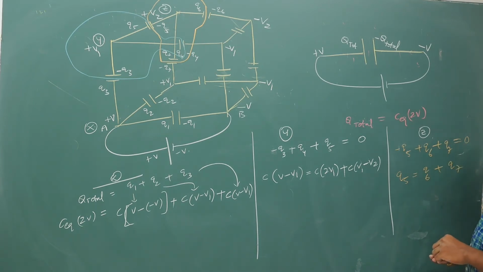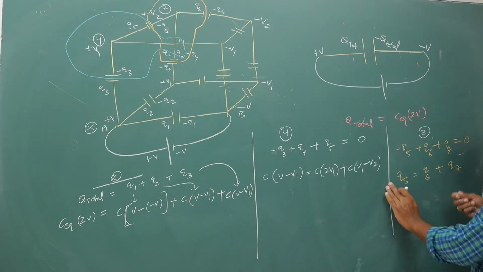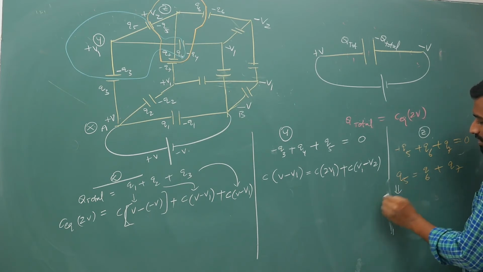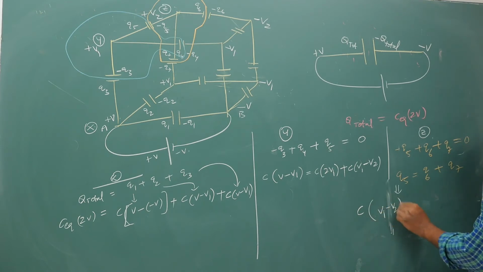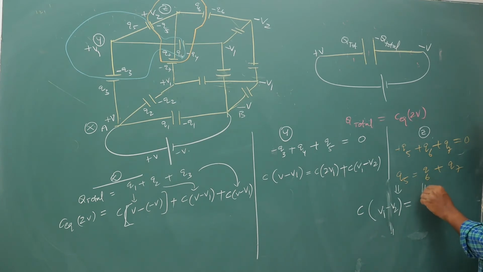So Q5 is C times V1 minus V2, equal to Q6, which is C times 2V2, plus Q7, which is C times V2 minus V1.